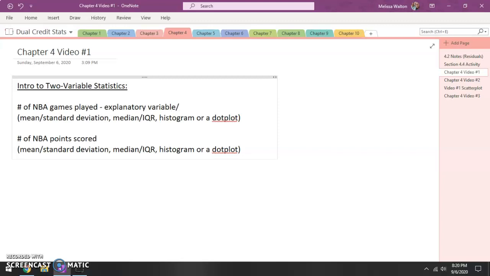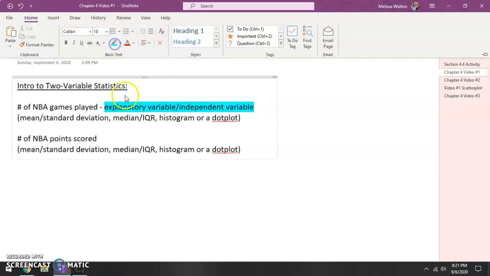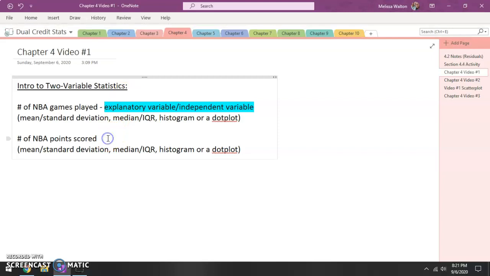Or another way that you could describe this is the independent variable. We are simply looking at how many games total did these people play. And then finally the number of NBA points scored. This is the response variable or the dependent variable.